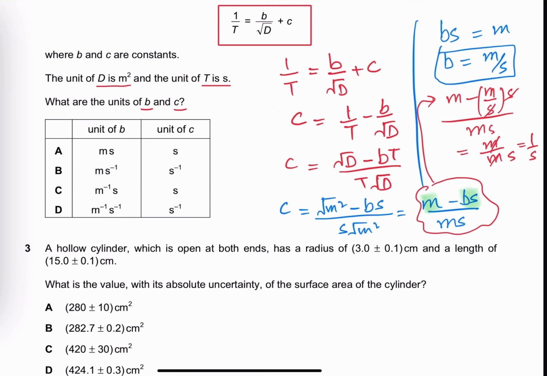So this is the value of c. So c is s minus 1 and b is meter per second. So it's option B. Okay.